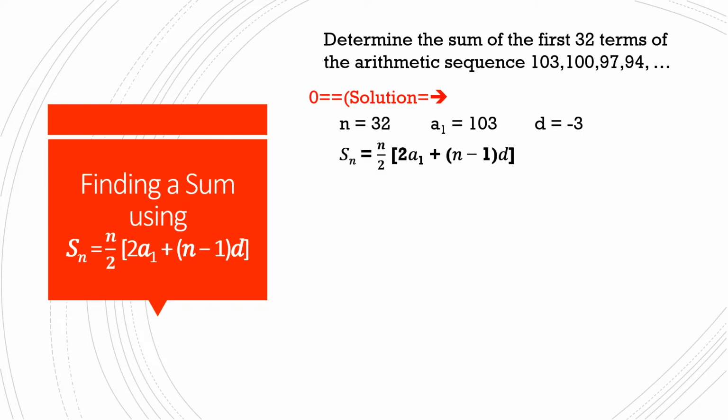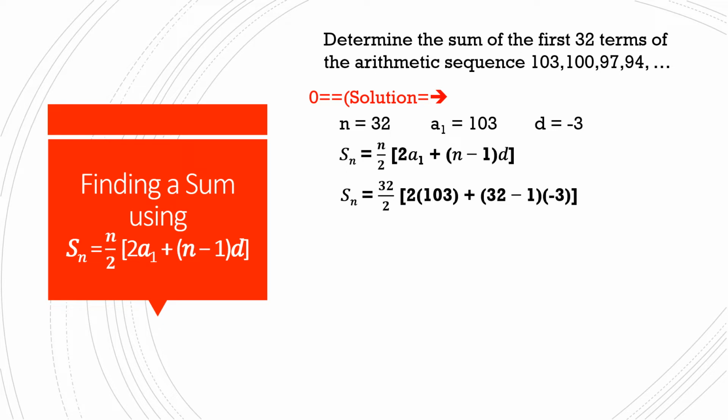So using now the formula, all we need to do is substitute all the given information. We have 32 for the n and 103 for the a sub 1, and the d is negative 3. Since we can divide 32 by 2, we will divide this one.